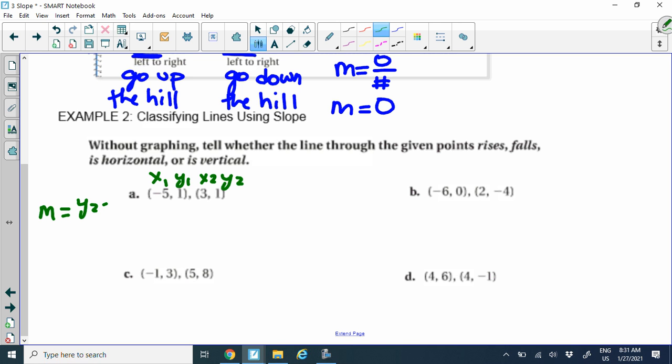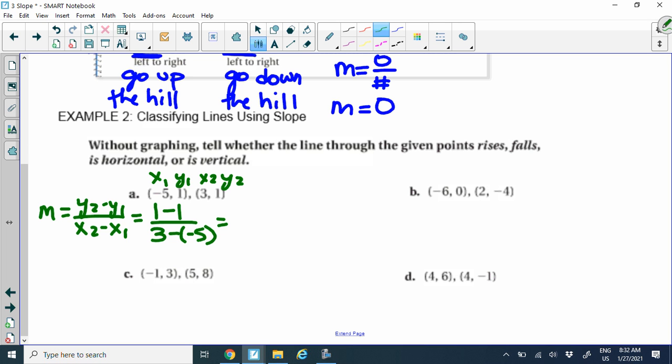I'm going to write the formula because it makes it a lot easier for me to remember what I need to plug in. So my y sub 2 is 1, and my y sub 1 is 1. Then from there, my 3 is my x sub 2, and my x sub 1 is negative 5.